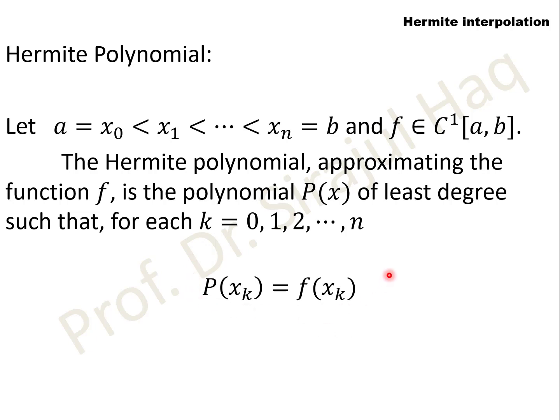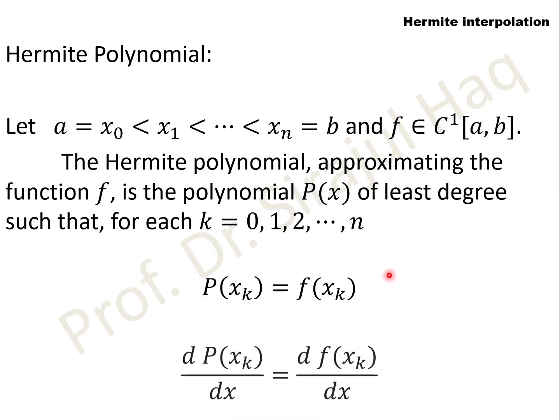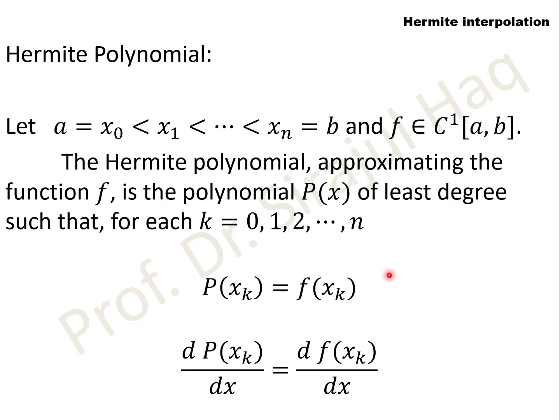This is the first property and this is the second property. Remember, this p is the polynomial and we are approximating this function by that polynomial. This condition means that the value of the polynomial at x equal to x0, x1, x2 up to xn coincides with the value of the function at x0, x1, x2 up to xn.